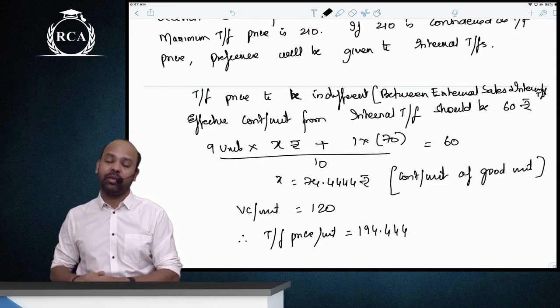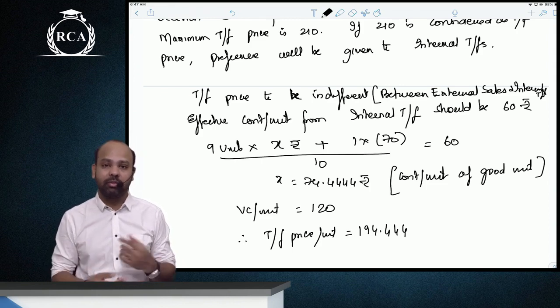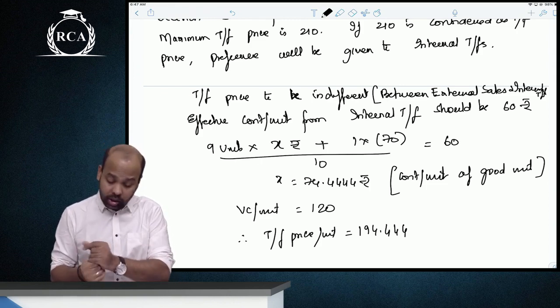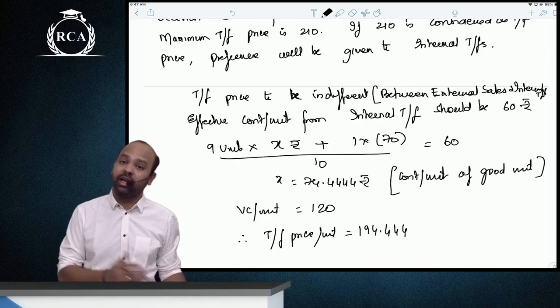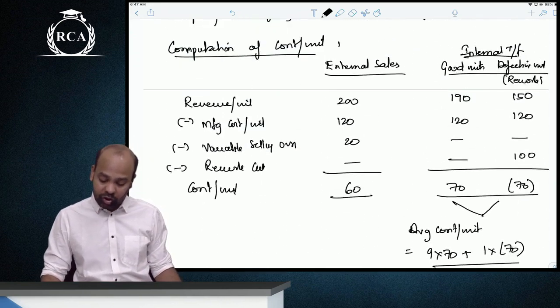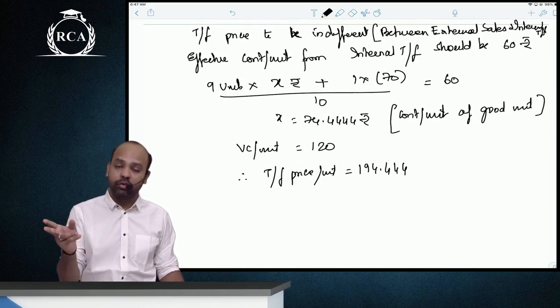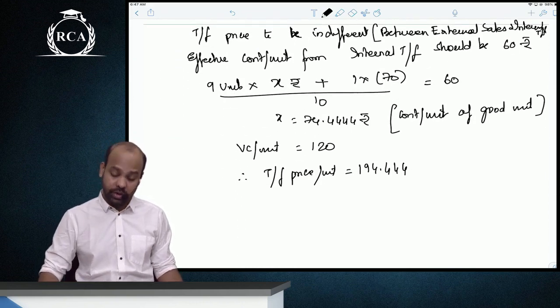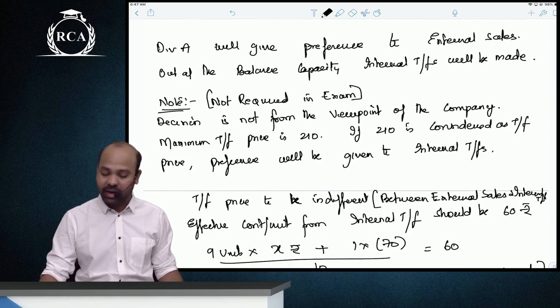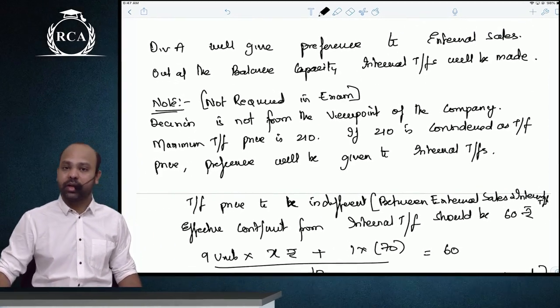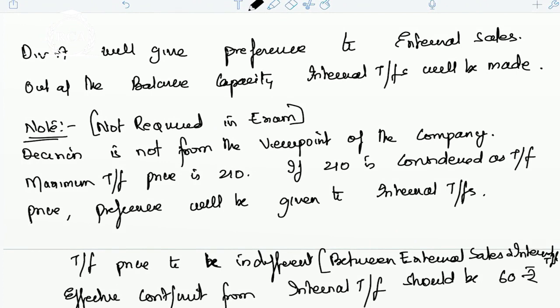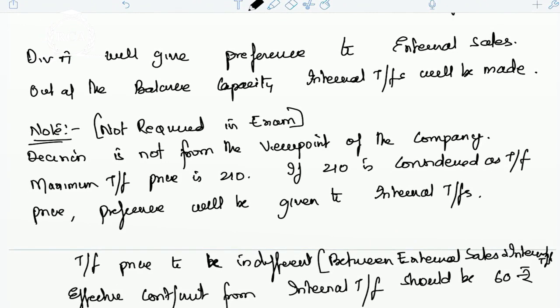And in case you have spare capacity, you know that your minimum transfer price is only the variable cost per unit. This is just to be indifferent between giving preference to what. If I were to give preference to internal transfers, then the minimum transfer price should be 194.44, so that I get the same contribution per unit. Understood sir? Please write this guys, and then we will attack the question. We've been attacking the question only guys.